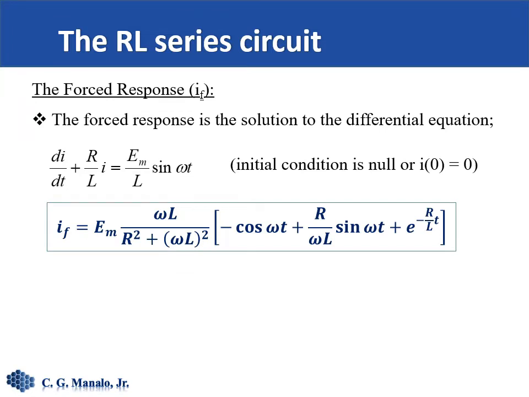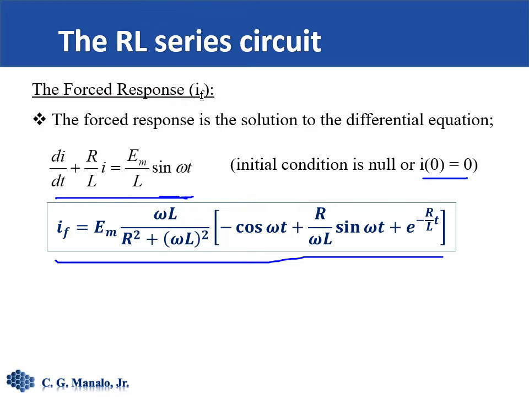For the forced response, we apply an external source, so that would give us this differential equation. We assume in solving the forced response that there is no initial condition, so we let i at t equals 0 equals 0. Solving for this differential equation will give us this solution.